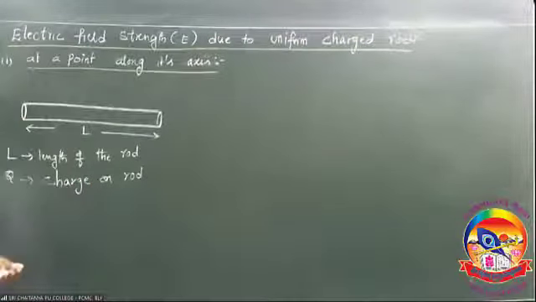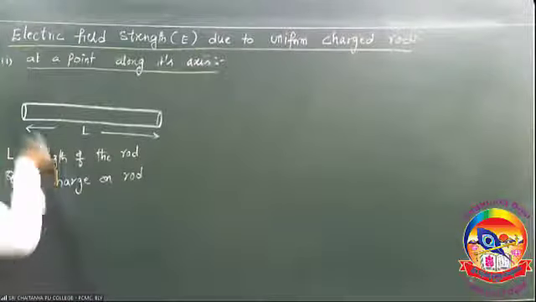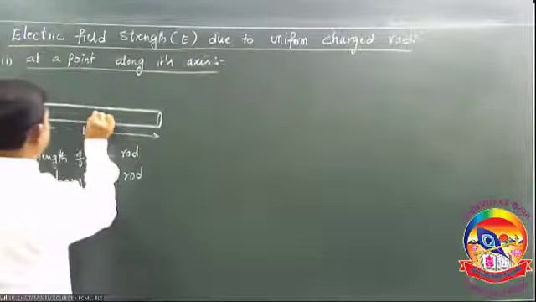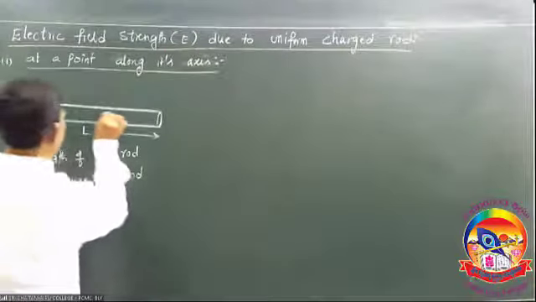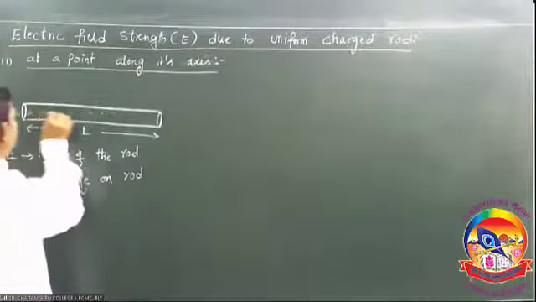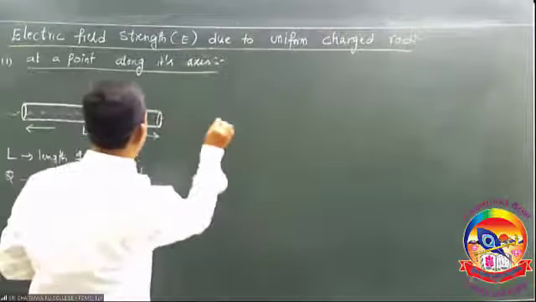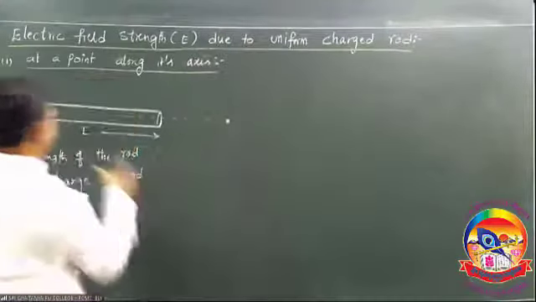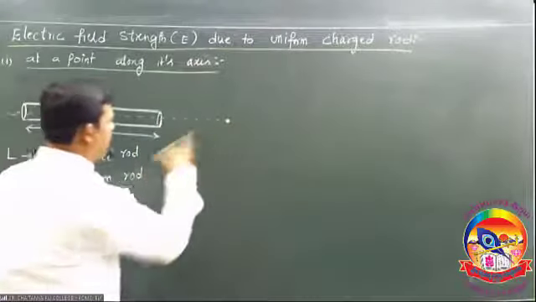The question asked is, if this is its axis or along its length, here is a point from the rod along its length.